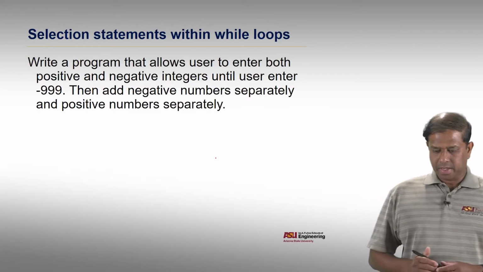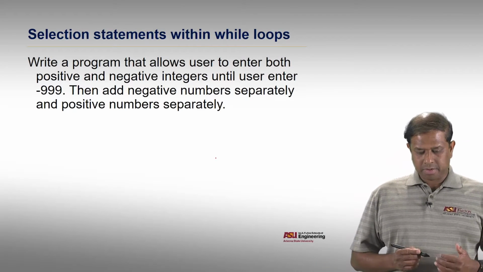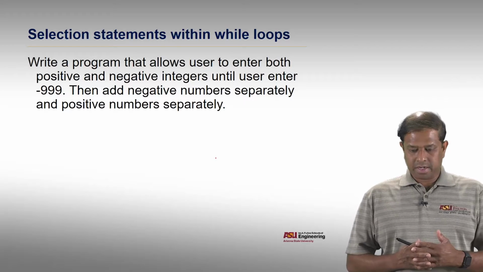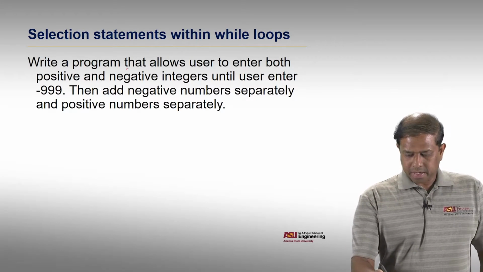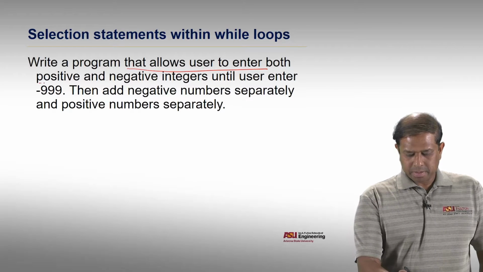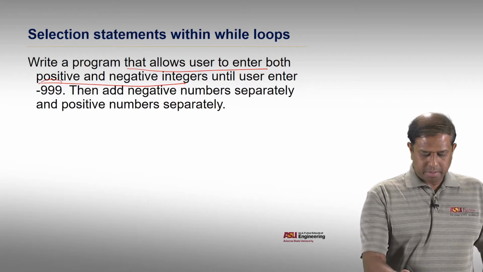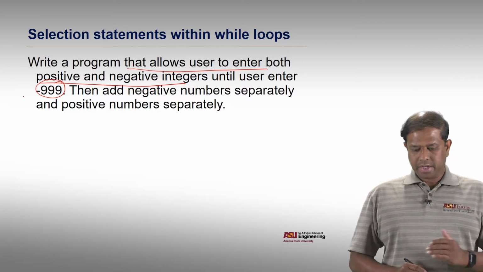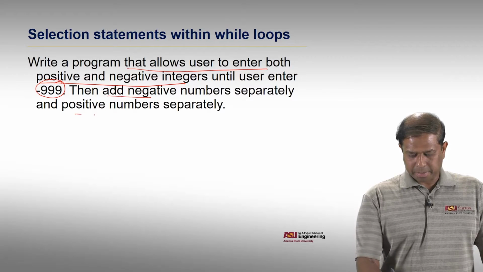All right, so let's try to put this into a little bit more perspective by solving a slightly larger problem. We need to write a program that allows the user to enter both positive and negative numbers until the user enters -999, and then add negative numbers separately and positive numbers separately.